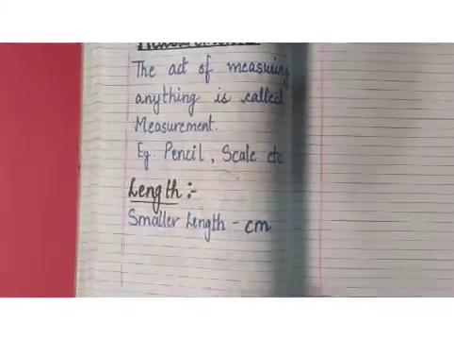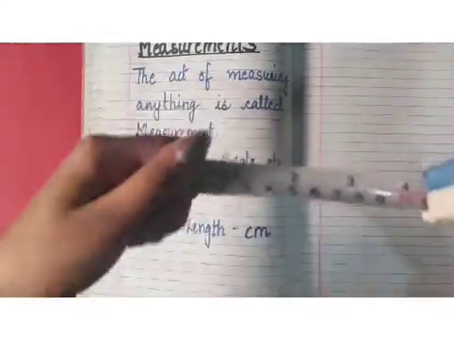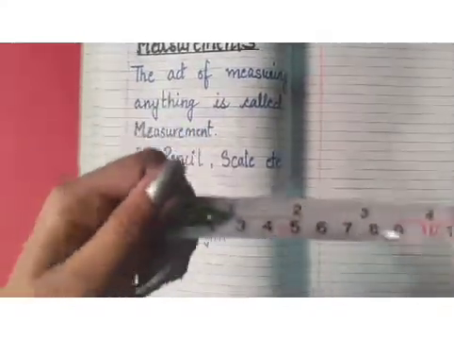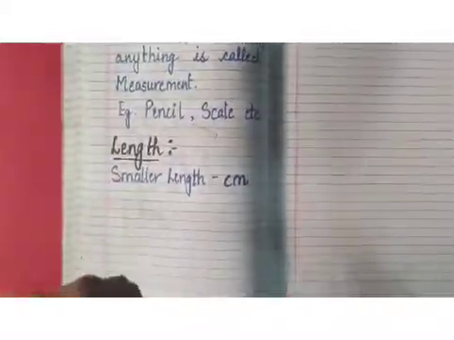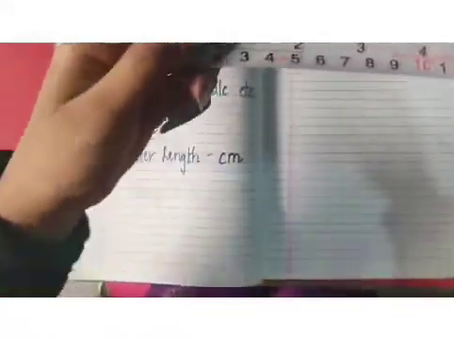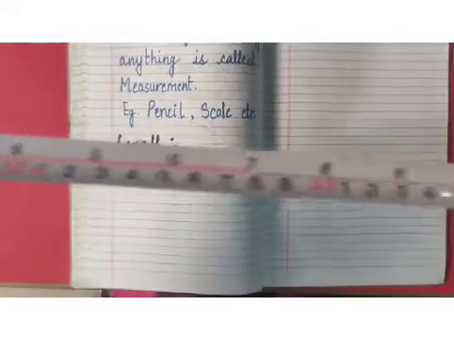So now we have studied about smaller length. Bigger length are measured in meters. Yes, so the standard unit of bigger length is meter and is measured with a measuring tape. Can you see this?